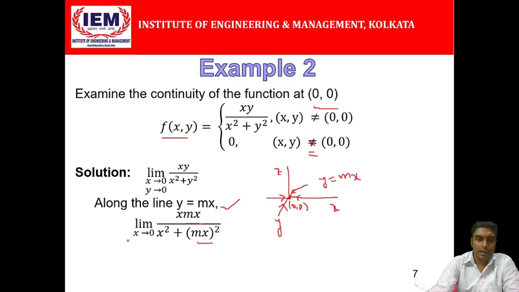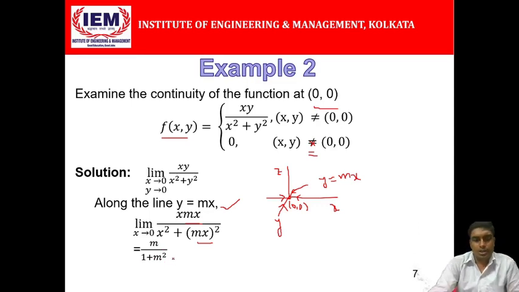So I can now see that there will be only one single limit as x tends to 0. The x squared term will be there in the numerator, and in the denominator I can take x squared common and cancel it out because x tends to 0. Then I'll get m by 1 plus m squared.